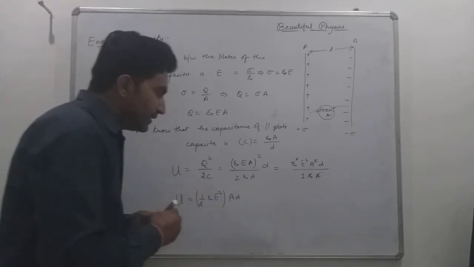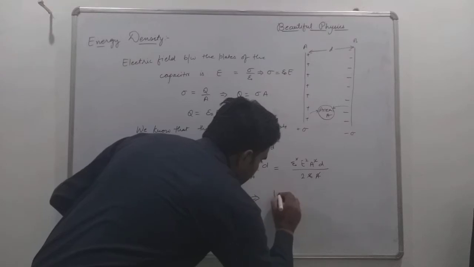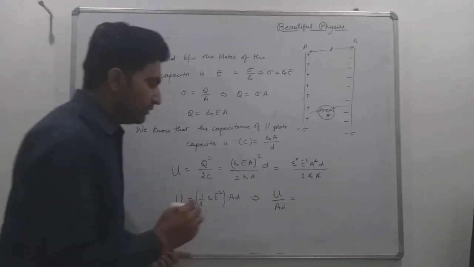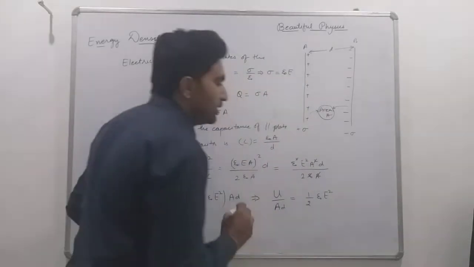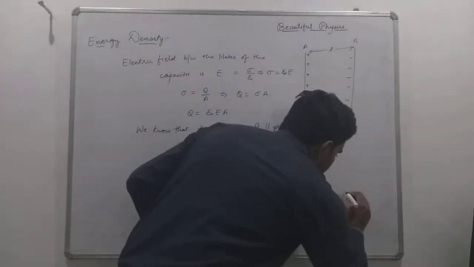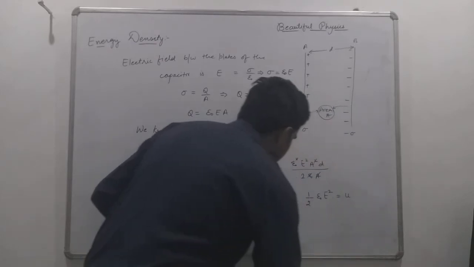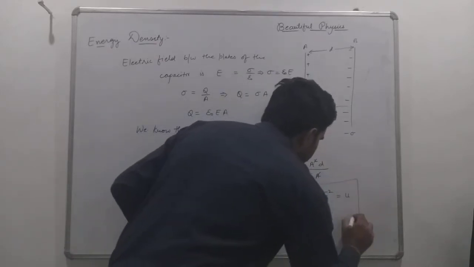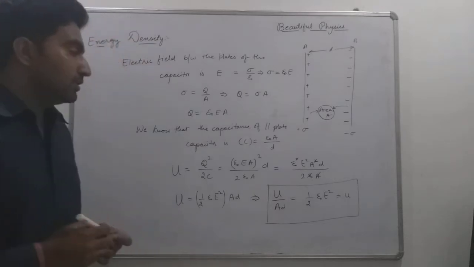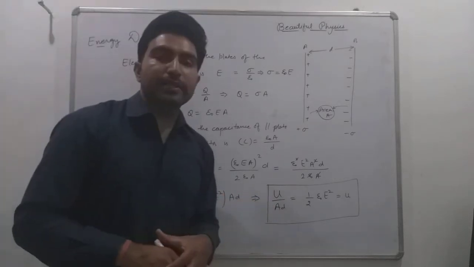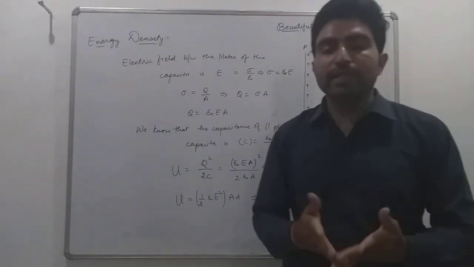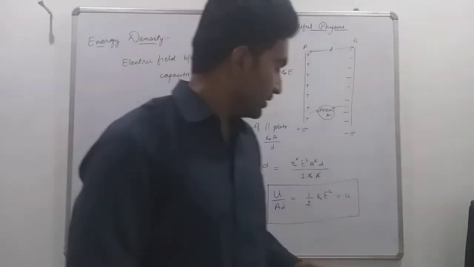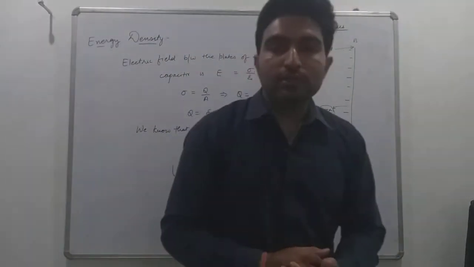When we divide the energy by volume, it will be equal to 1 by 2 epsilon naught E square, and this is the energy density of the parallel plate capacitor, or we can say it is the energy density stored between the plates of the capacitor, and the expression is half epsilon naught E square.